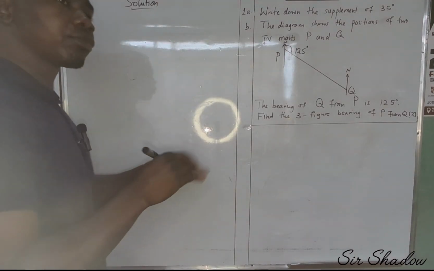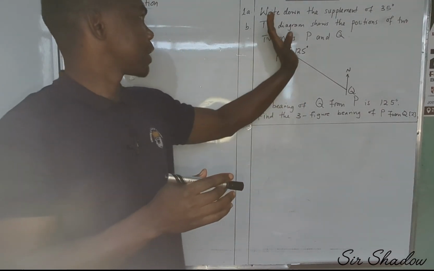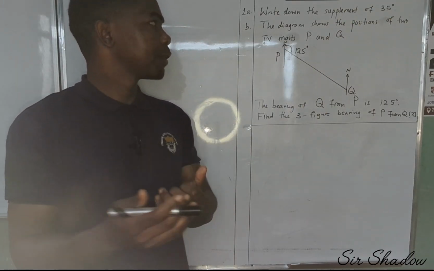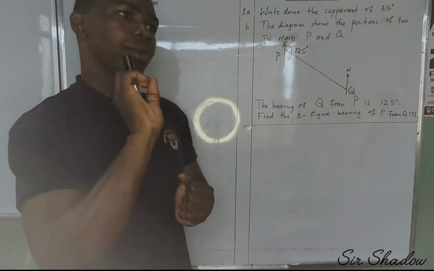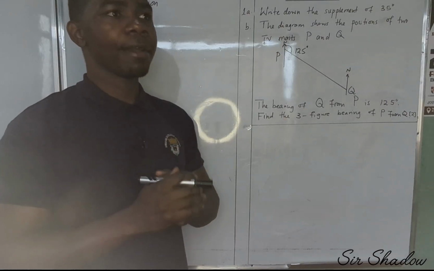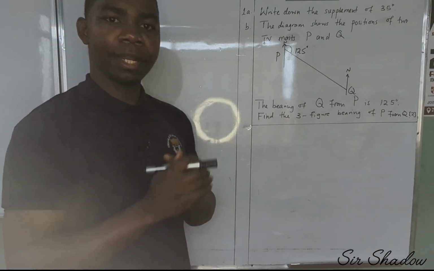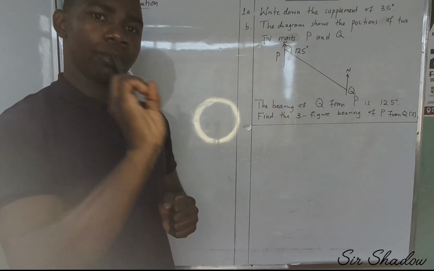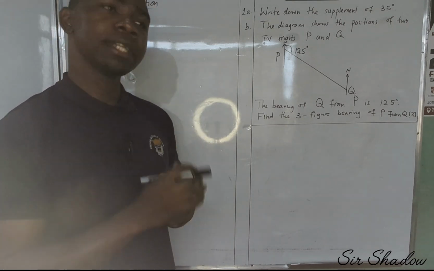According to the first part, write down the supplement of 35 degrees. We have what we call supplementary angles. Supplementary angles are two angles which, if you add them, we definitely get 180 degrees.